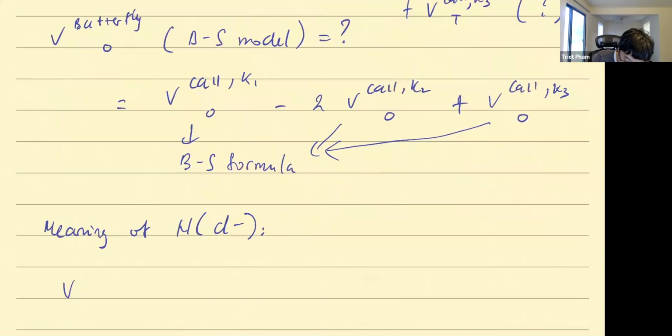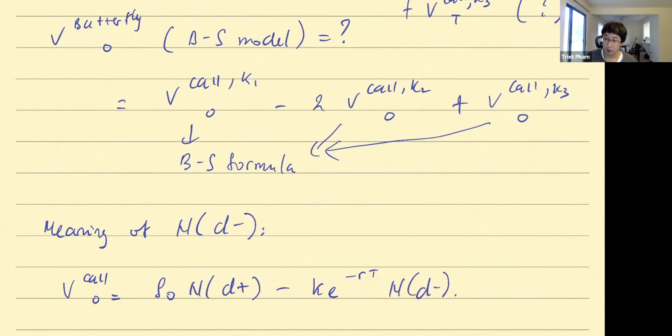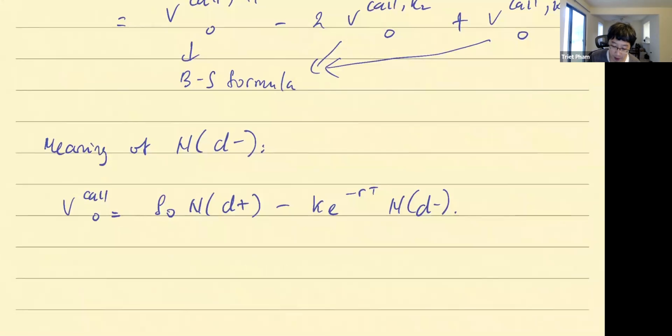So V call is S0 N(d+) minus K e to the minus RT N(d-). This formula by itself is quite meaningful, really. Why so? Because what is V call in general? V call is (ST minus K) plus.